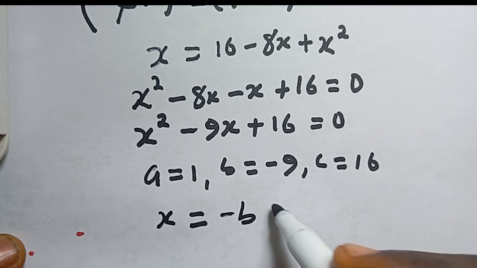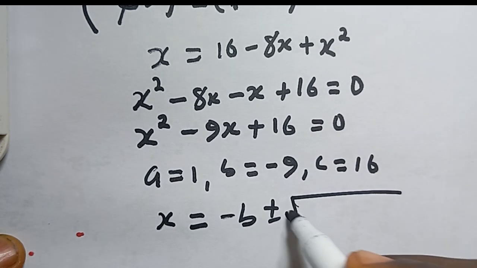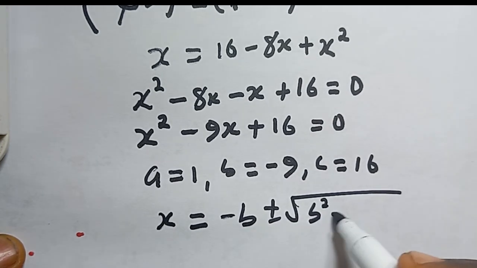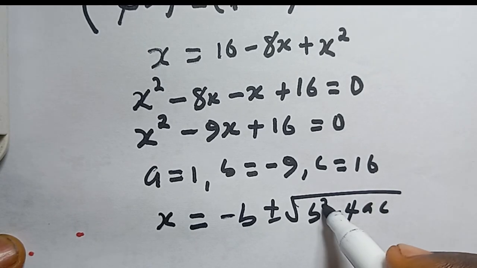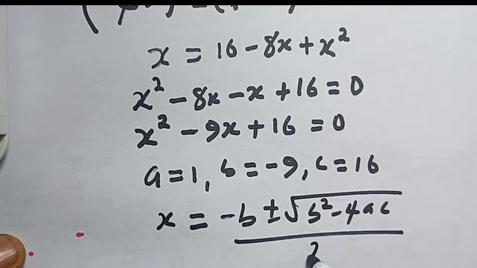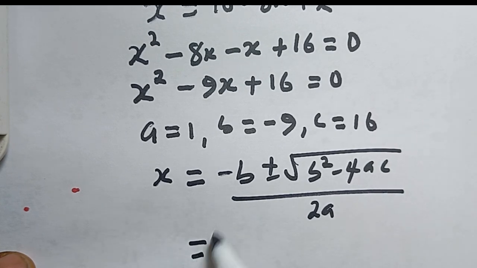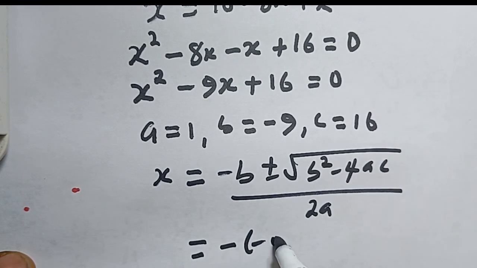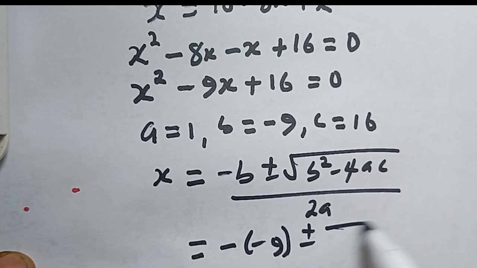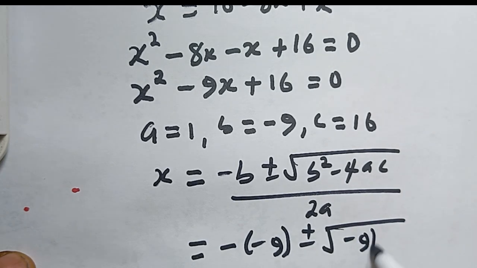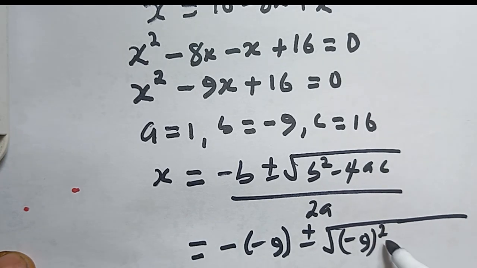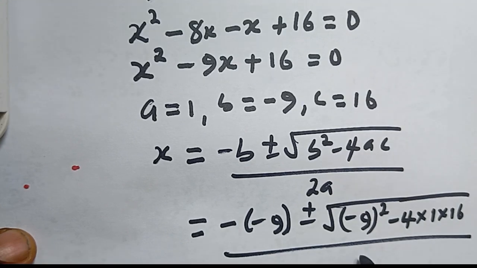x will be equal to minus b plus or minus the square root of b squared minus 4 times a times c, all divided by 2 times a. So substituting, I'm going to have minus negative 9 plus or minus the square root of negative 9 raised to the power 2, minus 4 times 1 times 16, all of these divided by 2 times 1.